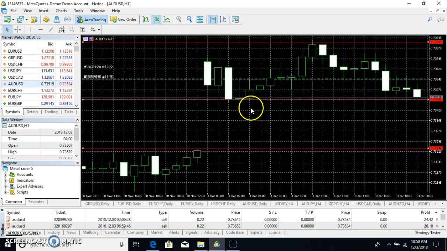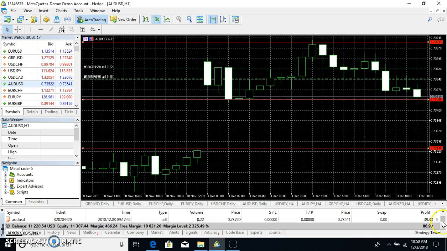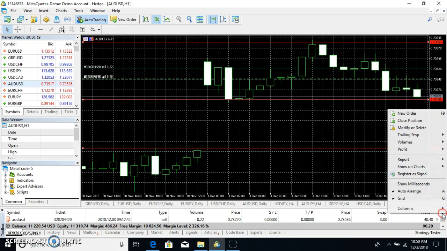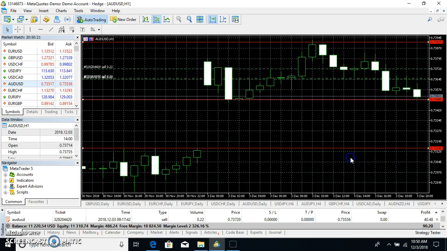Look, came down, went up here to this resistance, then came down here. Now it's back. So what do I do in this trading zone? Well, the smart thing to do is take some profit.